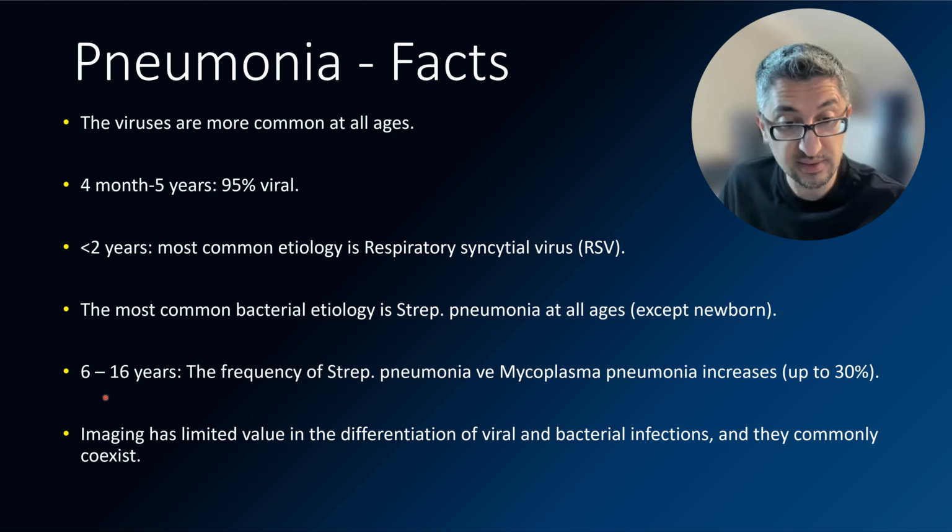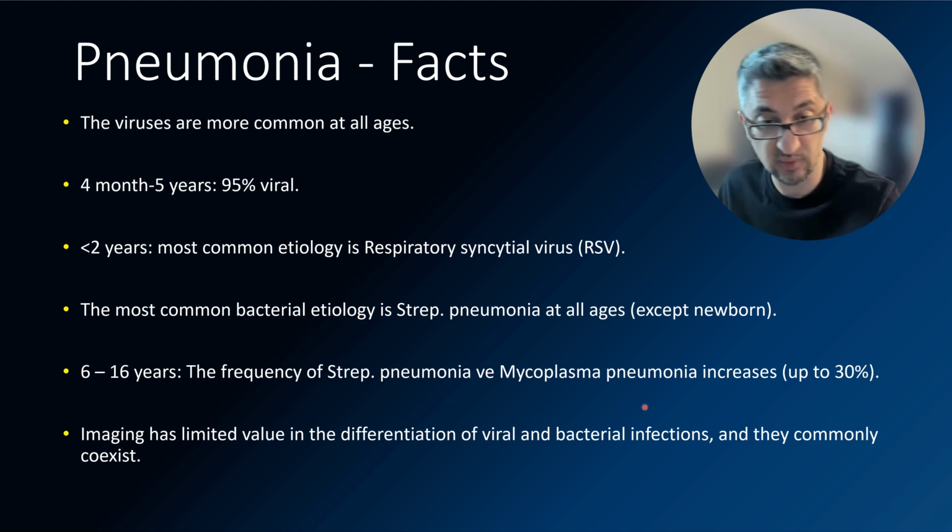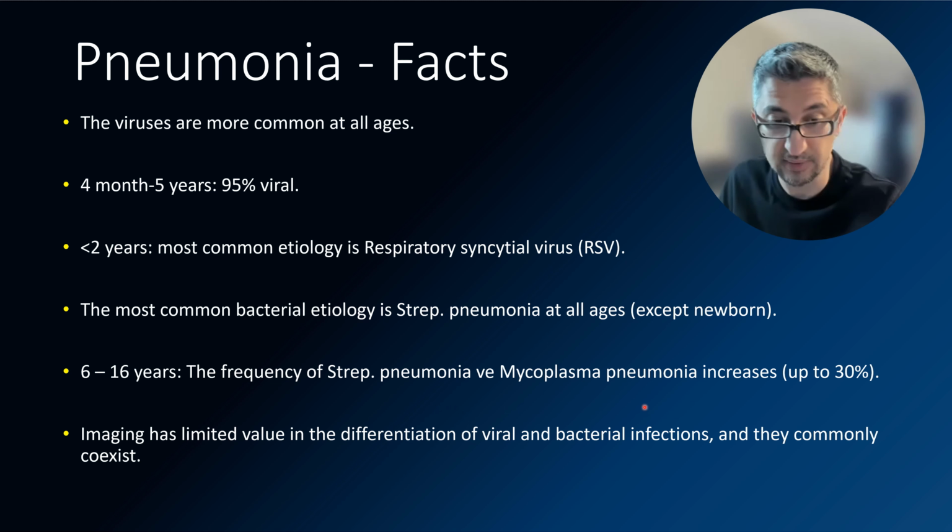Between 6 years and 16 years, the frequency of Streptococcus pneumonia and Mycoplasma pneumonia increases up to 30%, but still the viruses are more common. And imaging has limited value in the differentiation of viral and bacterial infections, and they commonly coexist.